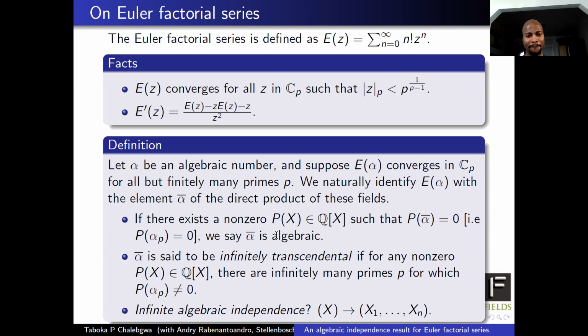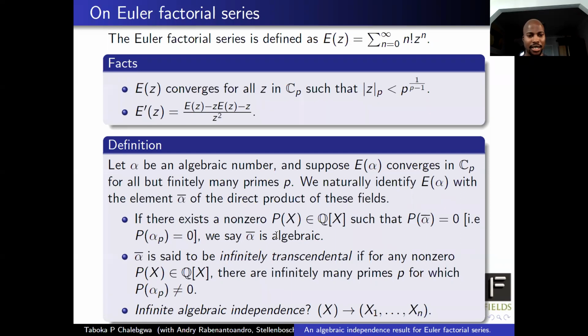Then we say it is algebraic. Think, for instance, of a repeating, periodic sequence of that sort. Then, of course, you can just form a polynomial whose zeros are those numbers, and you get an example of such a number. And then you say alpha bar is transcendental if it is not algebraic.